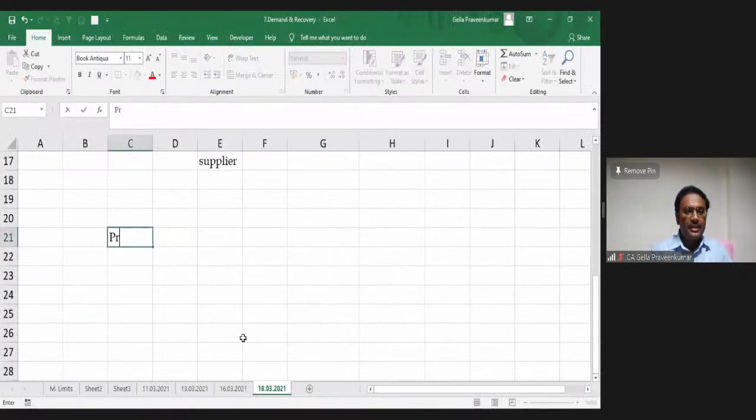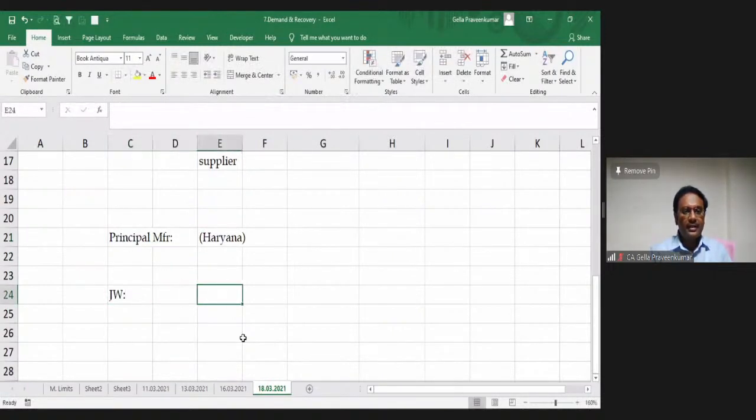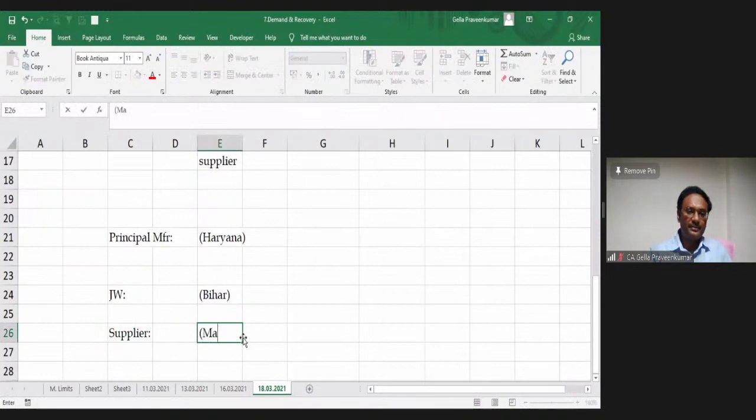Say there's a principal manufacturer. This principal manufacturer is in, say, Haryana. There's a job worker in the state of, say, Bihar. There's a supplier in the state of, say, Maharashtra.